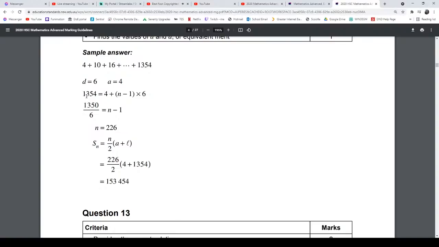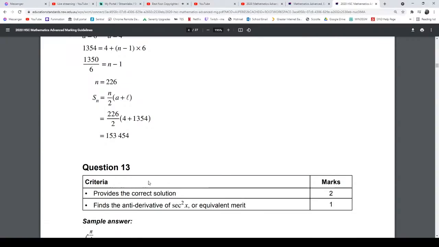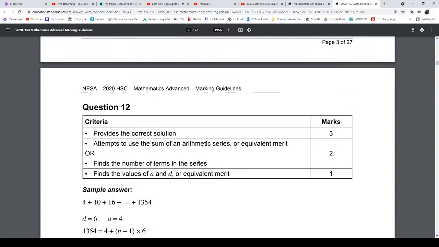So you substitute that into the first bit, and you do 4 plus n minus 1 times 6. So you subtract 4, divide by 6 to get that, and then you take 1 away. So you know that the number is 226, and then you substitute it into this formula here. So 226 over the first plus the last, and so the sum of that must be equal to this value here. Cool. Okay, so that's not too bad.